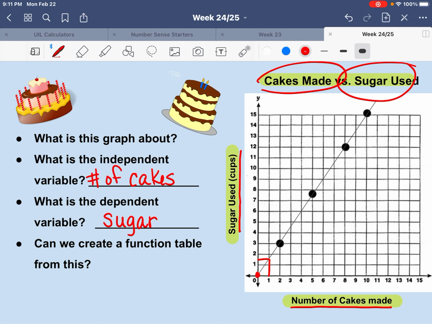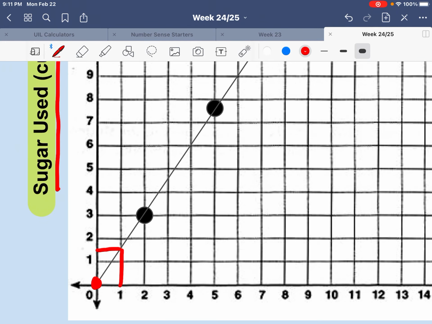All right, and can we make a function table from this? Of course we can. We look closer at the graph, we find some points on the graph, and we put them in the table. It looks very clear here that for 2 cakes, there's 3 cups of flour, which makes my original estimate correct, that 1 cake is 1.5 cups of flour.